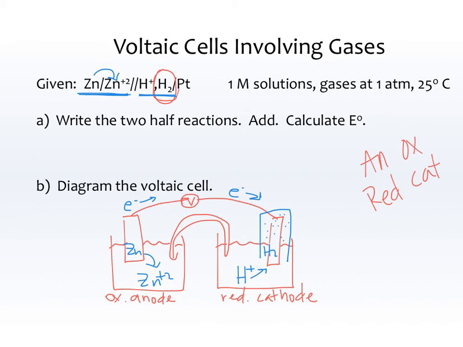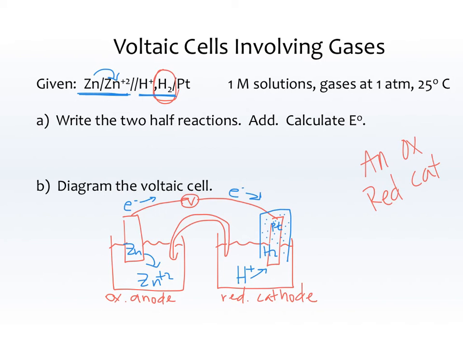They're going to be coming up out of this solution, and we're collecting them in a little cup. And so this metal here is platinum, Pt metal, which is not actually reacting with anything. It's just an inert place for the electrons to collect, so the hydrogen ion can turn into hydrogen gas.